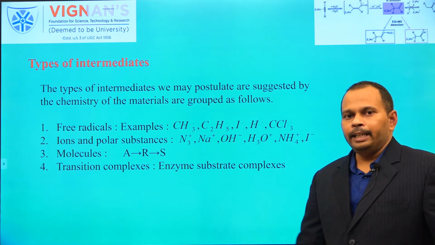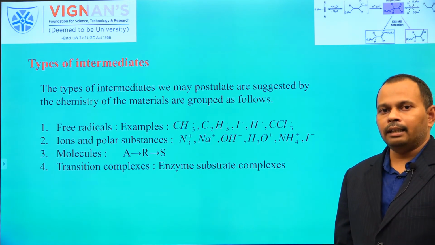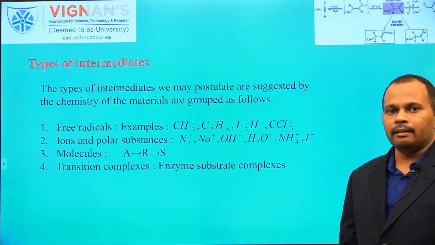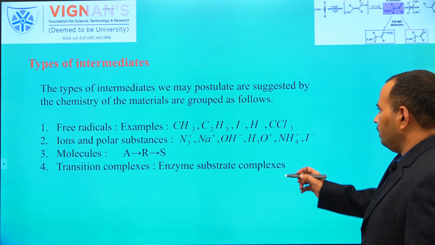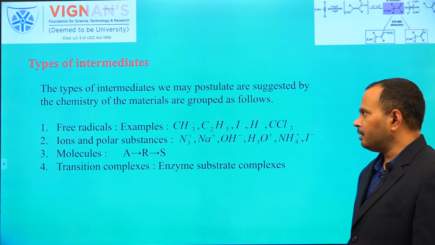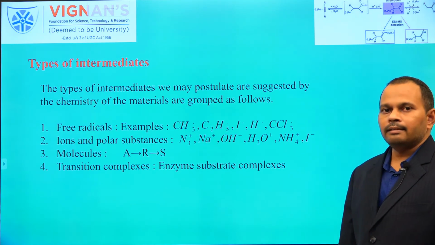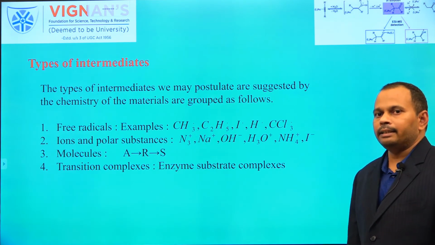The free atoms or larger fragments of stable molecules that contain one or more unpaired electrons are known as free radicals. These act as intermediates in the reactions. The free radical is always designated with a dot in the chemical symbol. Examples are CH3 dot, C2H5 dot, I dot, H dot and CCl3 dot.